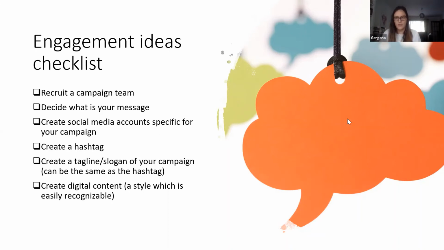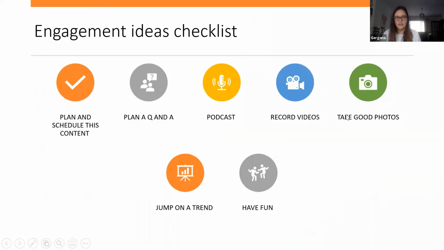And moving on, I have a few more to this long checklist. Schedule this content. Step 4 of our long list will be about planning. Bradley will mention that again, but it's so important that you schedule it in advance.